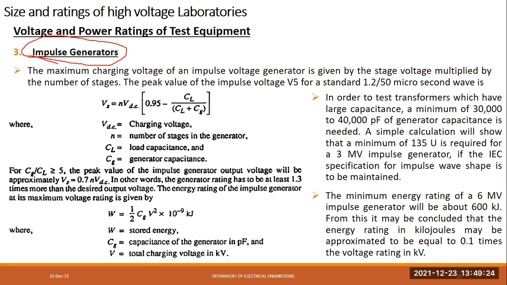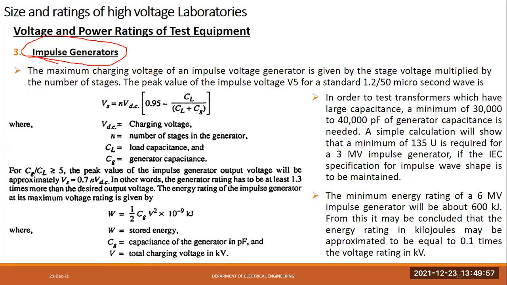For this IVG, whatever voltage is required is multiplied by the number of stages, and then we get the peak value for these 5 stages of impulse voltage, with a wave shape of 1.2 by 50 microsecond.